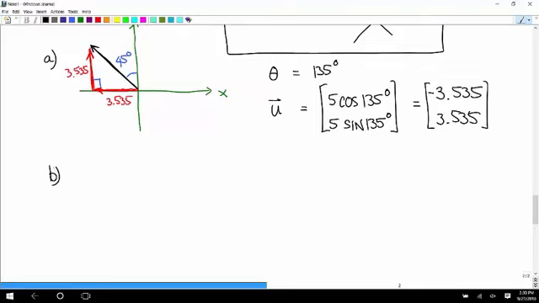So the new coordinate system is like this. There's the x-axis. There's the y-axis. And we know that it's a 45-degree angle from the vertical to the y-axis. So in this coordinate system, where does the vector go?